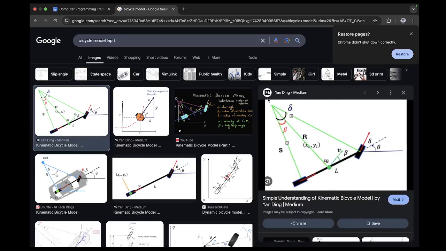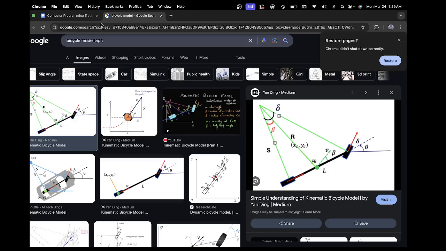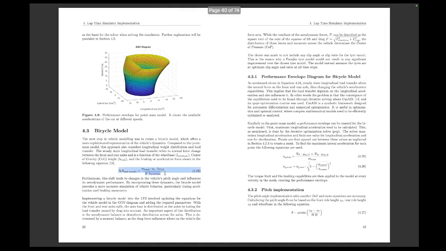Now since we have a longitudinal aspect of the car, there's longitudinal load transfer we have to account for, because that affects the normal grip on the tires and therefore the maximum longitudinal and lateral acceleration capabilities. So that's what this is talking about.